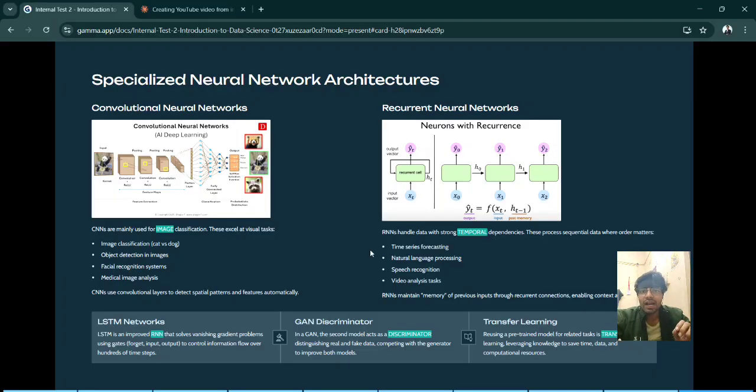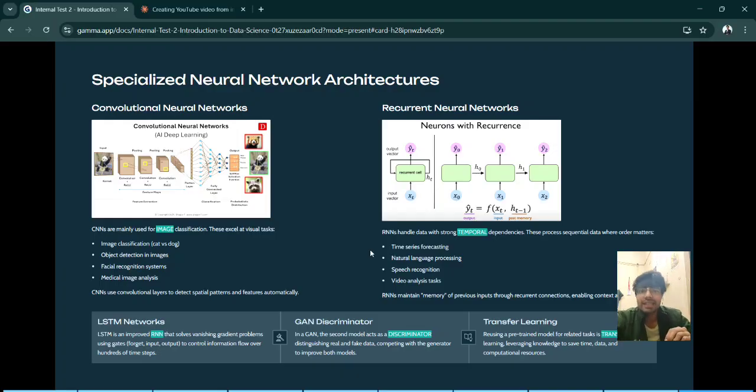Detecting objects: where are the people in the photo? Facial recognition, medical image analysis like tumor detection. They use convolutional layers that detect spatial patterns or features while being translation invariant.